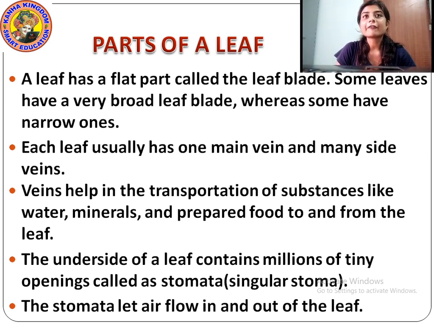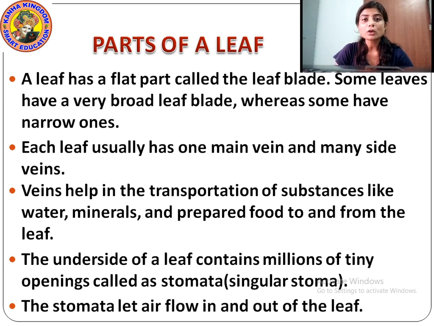Some leaves have a very broad leaf blade, whereas some have narrow ones. Yes or no? Some leaves are broad, that means they are big, and some leaves are narrow. They are thin or they may be small in size. Then each leaf usually has one main vein and many side veins.